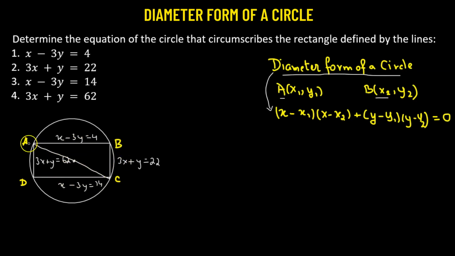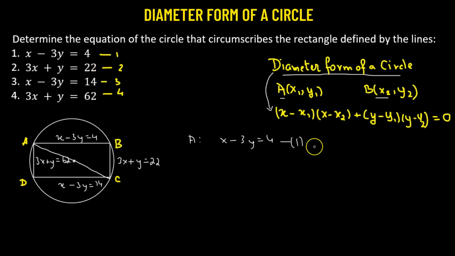So let's find point A and point C. To find point A, we'll have to solve the equation x minus 3y equals 4 and the equation 3x plus y equals 62. Let us name these equations 1, 2, 3, 4. In our case we take equation 1 and equation 4.